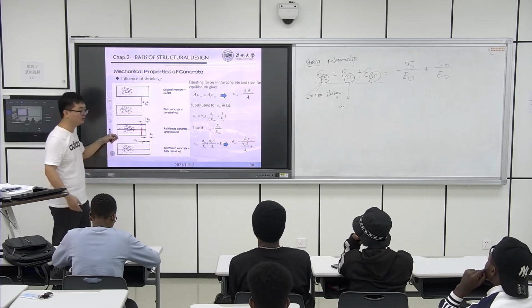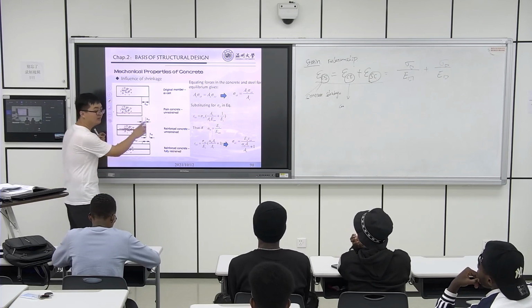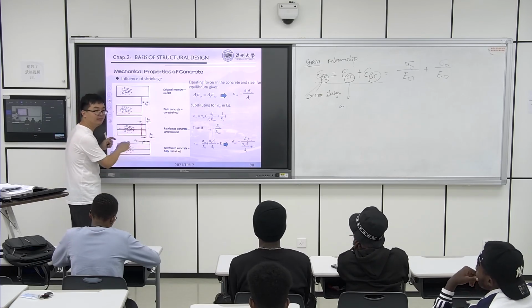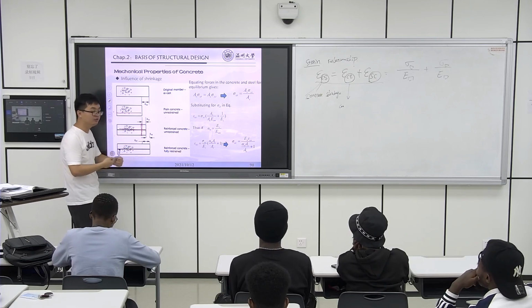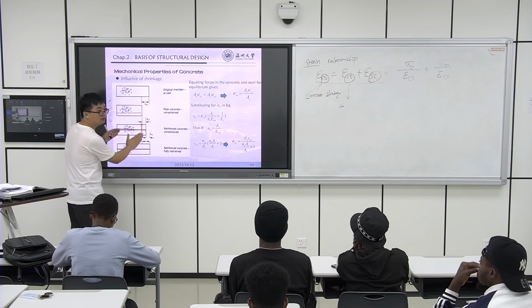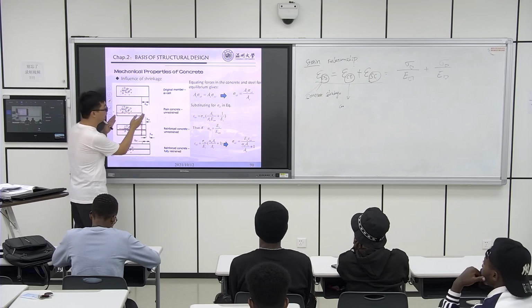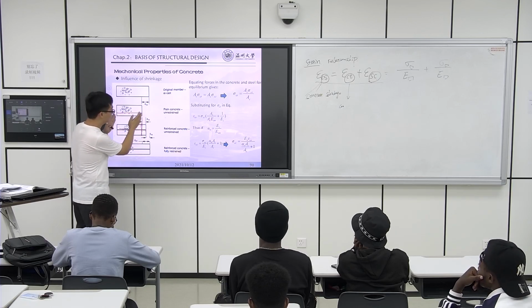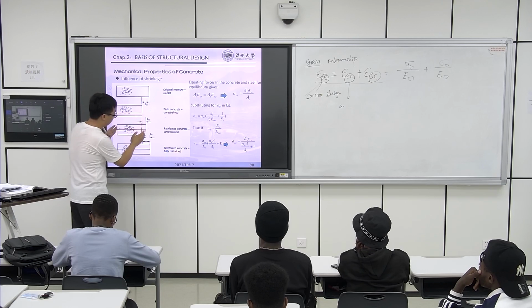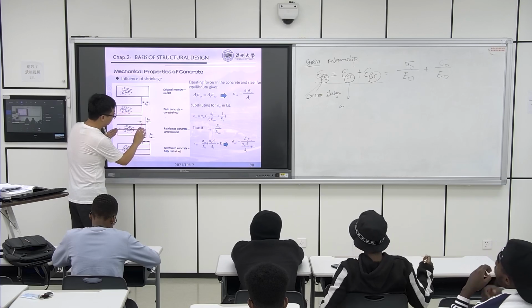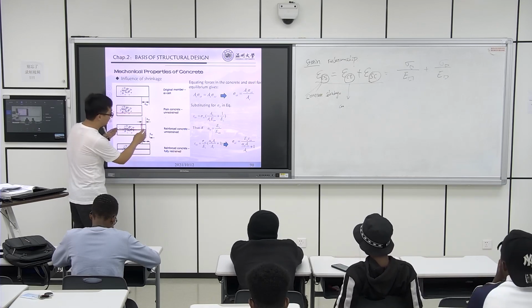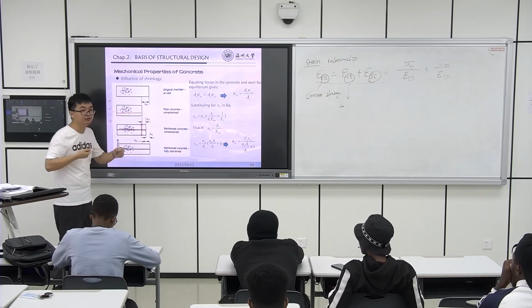Yeah, you know, right? In this state, for this specimen, the steel bar is in tension. Because if there's no steel bar, the concrete will come to here. But there is the steel bar, and the concrete provides tension to the steel bar.